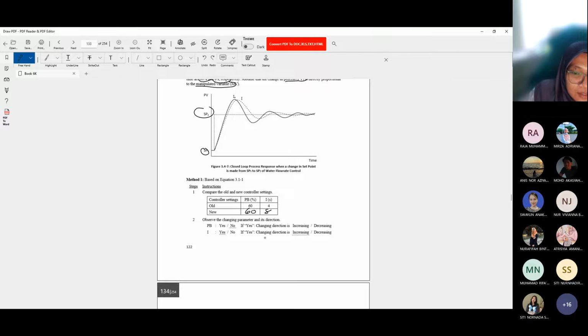Based on this data, we observe the changing parameter. We can see from here, only I is changed, right? So we underline yes for I, no for PB. So the adjustment here is an increment or decrement, from 4 to 8?